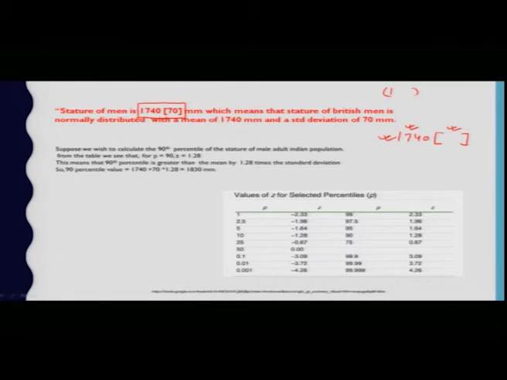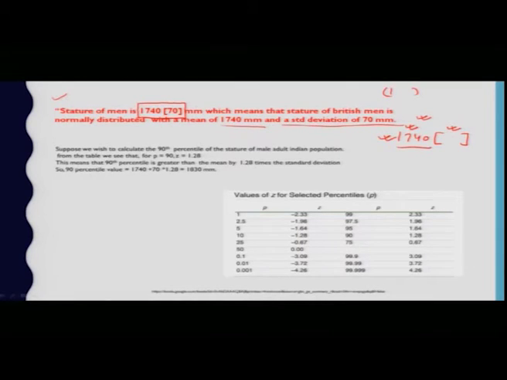That is why I have written the statement that stature of a man is 1740 in bracket 70 mm, which means that stature of British men is normally distributed with a mean of 1740 mm and a standard deviation of 70 mm. So, this notation indicates that the first digit is the mean, and the digit in the bracket is the standard deviation value.